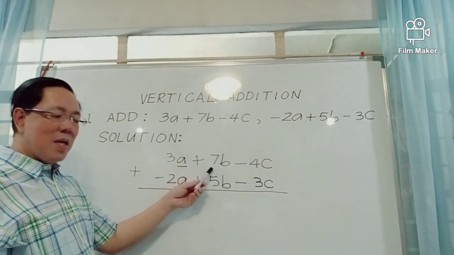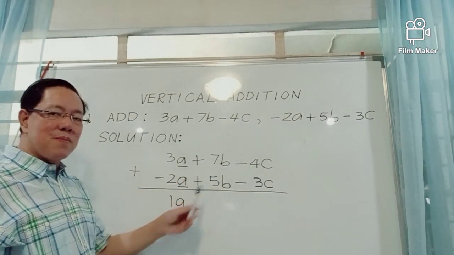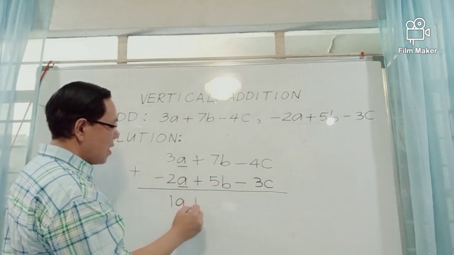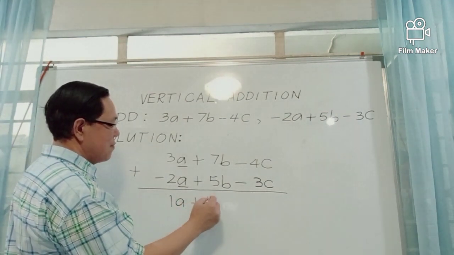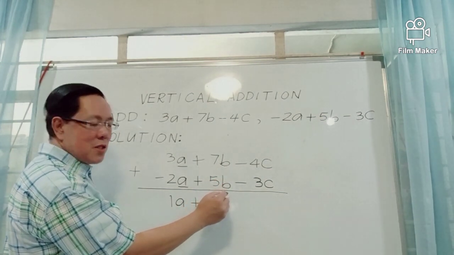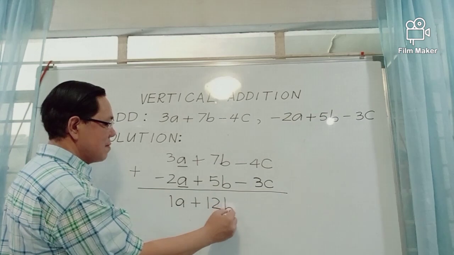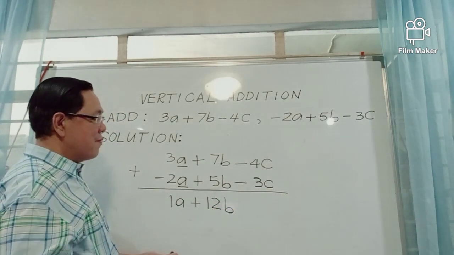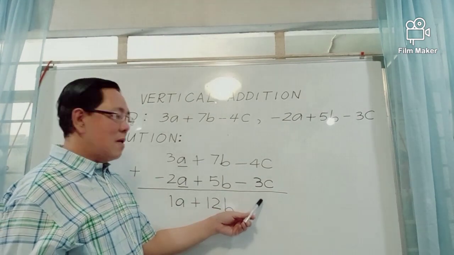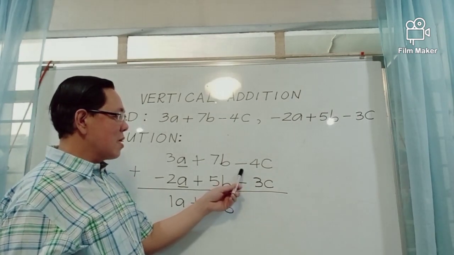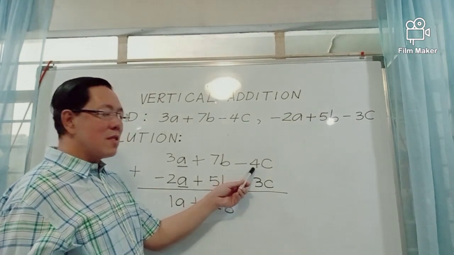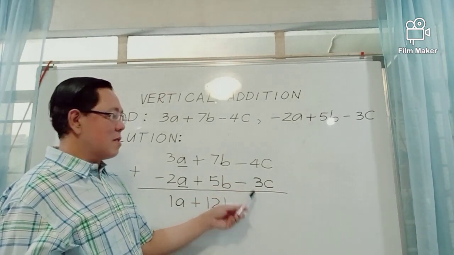We add 7 plus 5 equals positive, we write plus 12. Copy the common literal coefficient b. For the sum of the last terms of the two trinomials, negative 4c and negative 3c, we add the numerical coefficients.